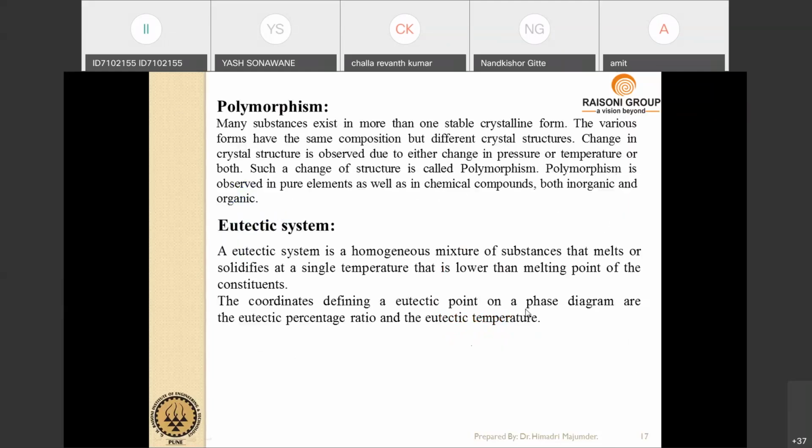What do you understand by homogeneous mixture? Tell me.